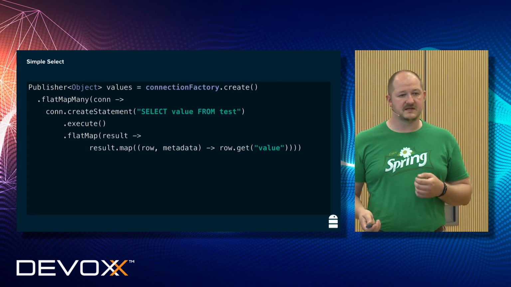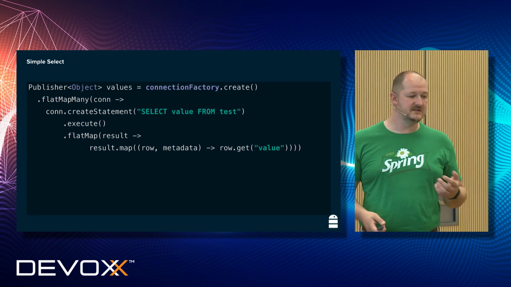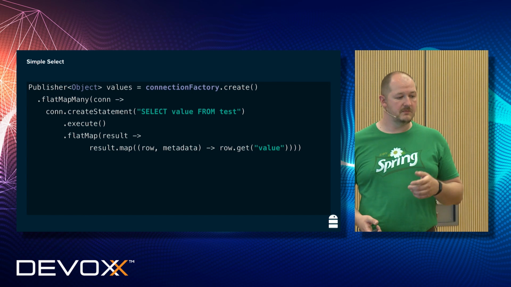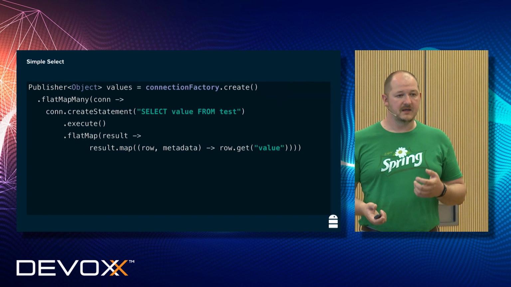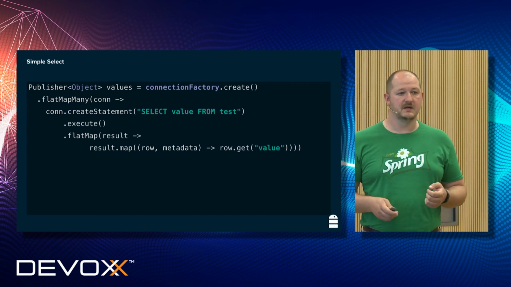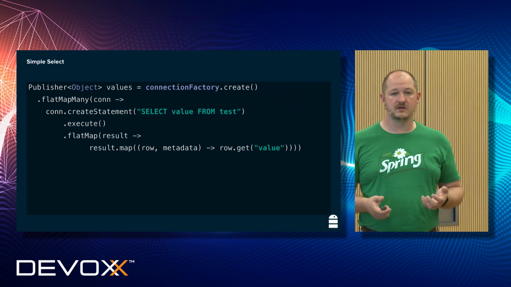And since this is static SQL and we know that we are selecting value, we are putting also the getValue method in here. And what we get in return is a publisher of object. Because again, this API is generic, and currently it does not know anything about types. And so everything here is like a getObject call in JDBC and returning your objects.